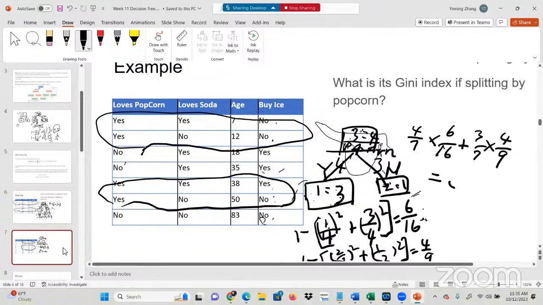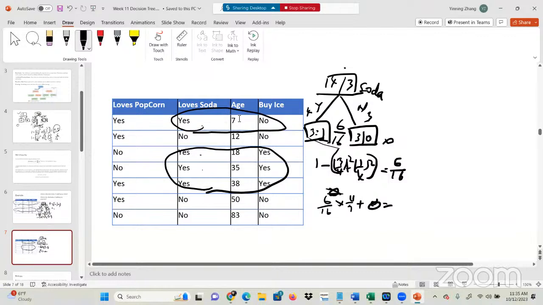If it's a numerical feature, what we usually do first is sort from smallest to largest. For example, it goes 7. This is sorted.